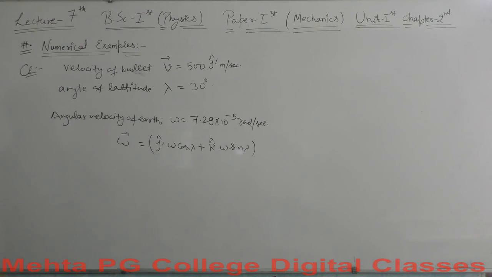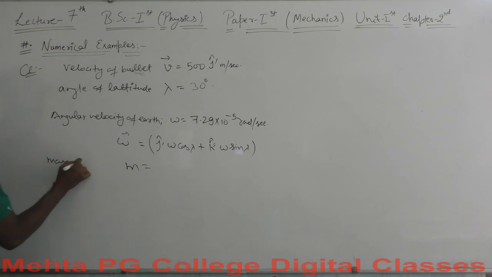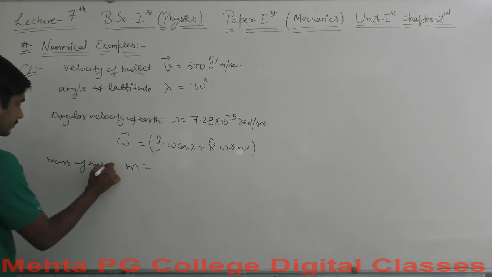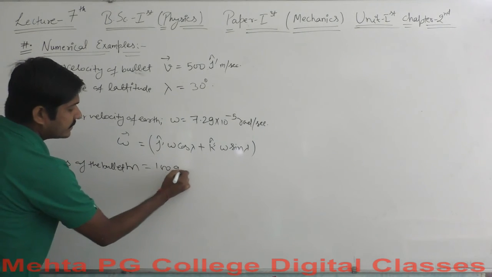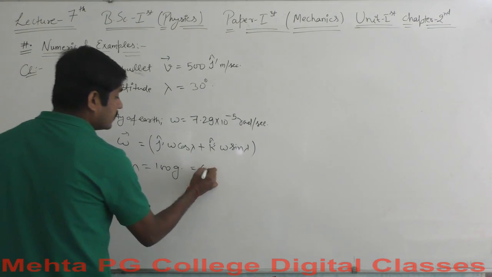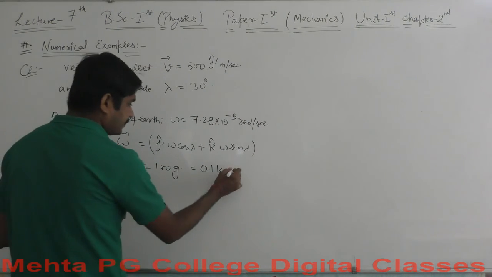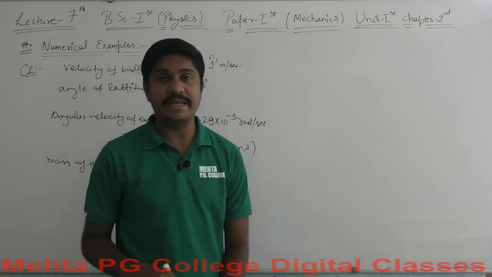The mass of the bullet, m, is 100 grams, and that is equal to 0.1 kg. This is the mass here.